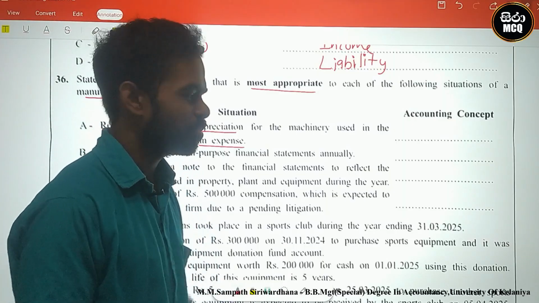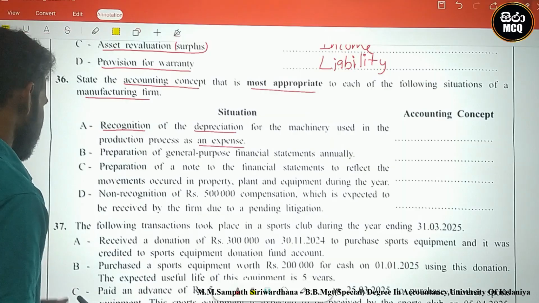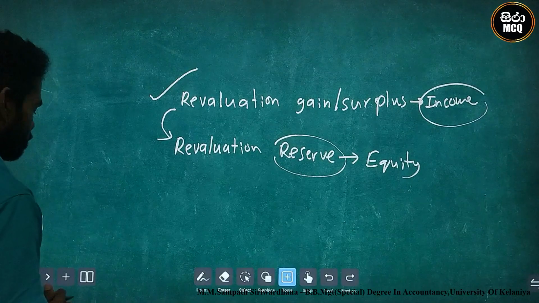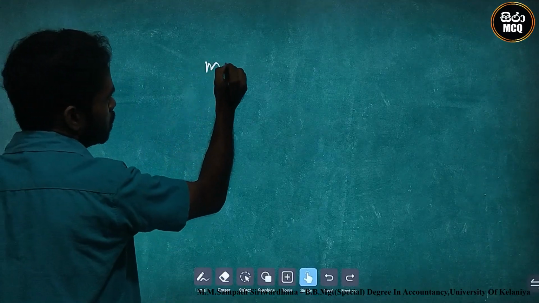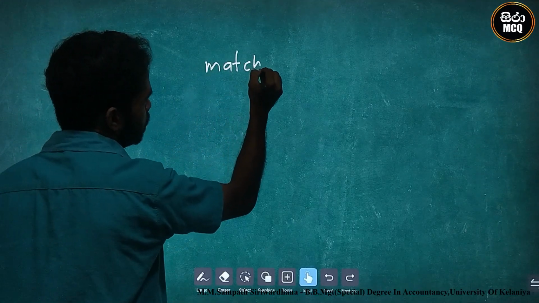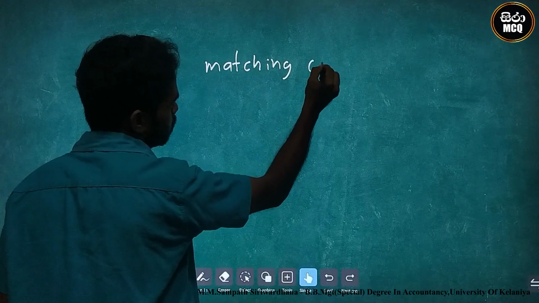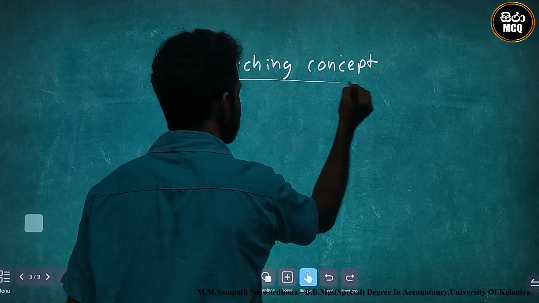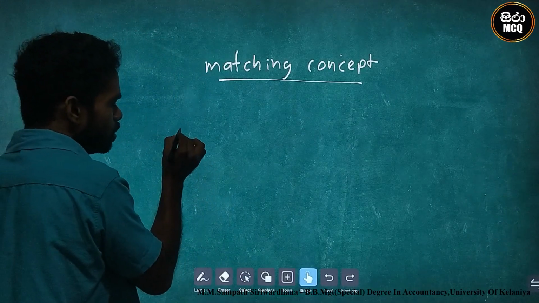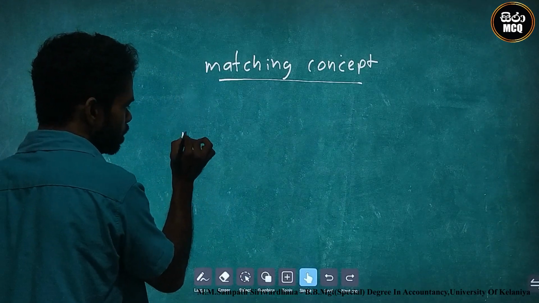Expense identification is related to which concept? Matching concept. What is the meaning of the matching concept? Matching concept means we must identify the expense.